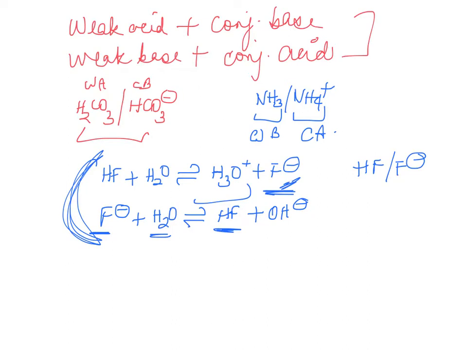And the other is that F minus on its own, so sodium fluoride on its own, for instance, is not going to generate enough HF. For that reason, neither the conjugate base by itself nor the weak acid by itself can behave as a buffer, but the two together are included to form a buffer.